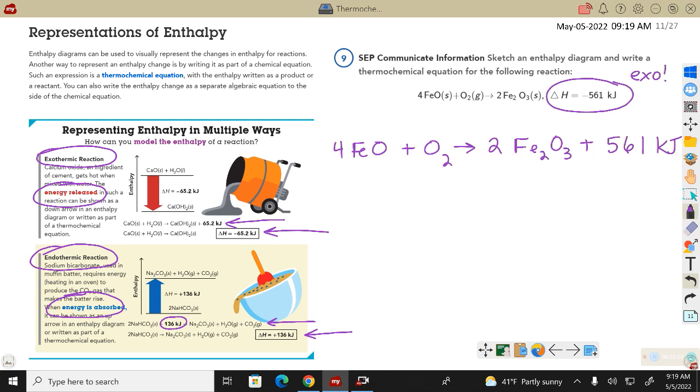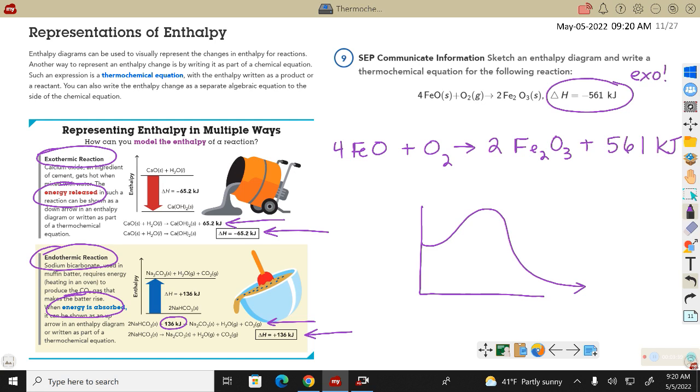Now, if I were to do the other part of number 9, sketch an enthalpy diagram, maybe just in general, I would draw something that looks like this, where I'm not giving all the details. I do know that there is an endothermic component to this reaction. I'm going to have to add some energy to break the bonds on the reactant side.